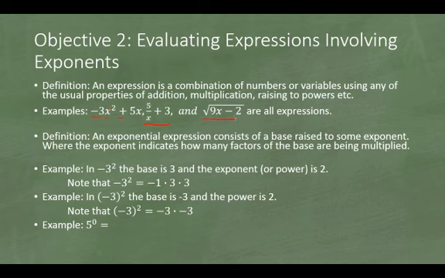This is an expression because we're taking 9 times a variable x, subtracting 2, and we're square rooting it. All different types of expressions using the usual properties that you know.